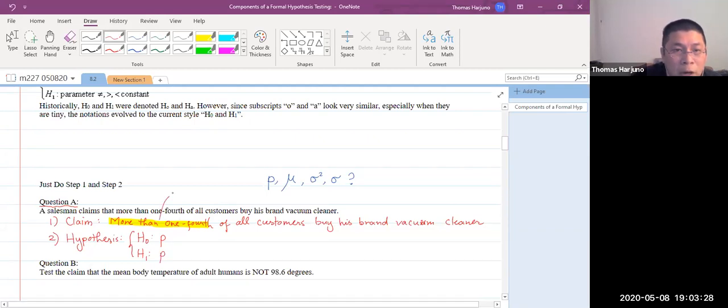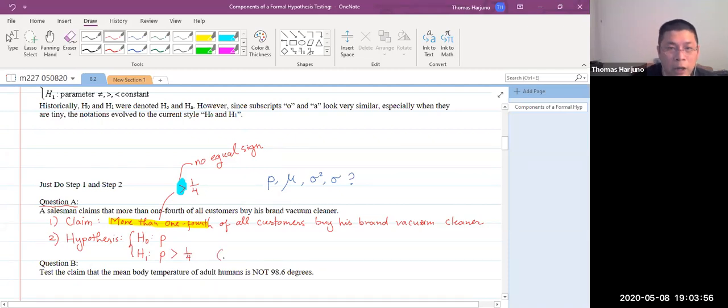But when we say greater than 1/4, does it include the equal sign? No, it does not include the equal sign. So this greater than 1/4 will go to the alternate hypothesis.